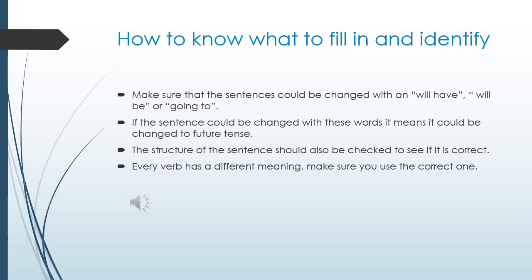On this slide, we see how to fill and identify perfect future tenses. You must make sure every time when you see a sentence, please make sure that it could be changed to will have, will be, or going to.